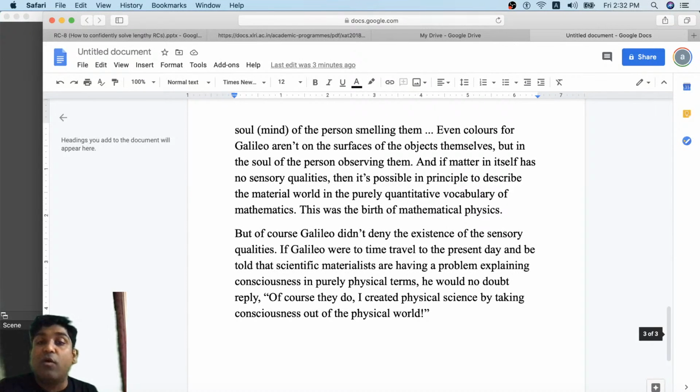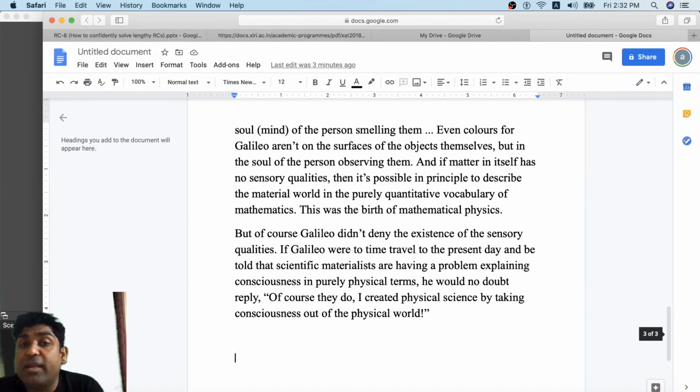This was the birth of mathematical physics. Since he stripped the matter of all the sensory qualities, and the sensory qualities were a part of the human being who is looking at it, this is where mathematical physics came into being.